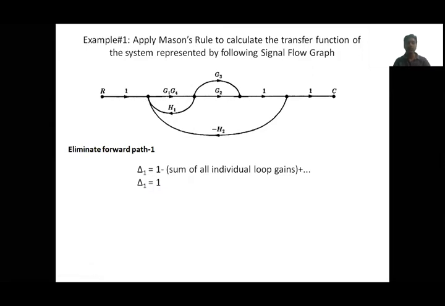No loops exist. So we have only 1 minus 0, which is simply 1. In a similar way, if you remove the second forward path, again there are no loops. Therefore again it is 1 minus 0, so delta 2 is also equal to 1.